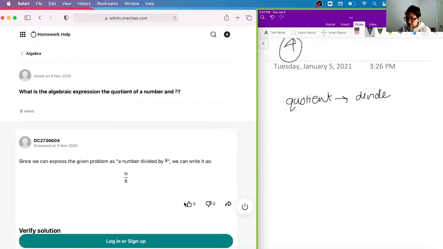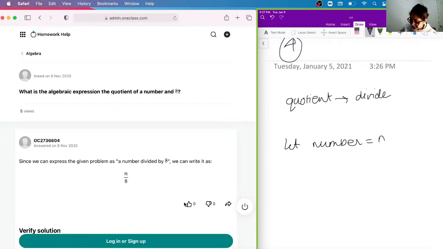So let's say we let the number equal n. Okay, and so since it's saying the quotient of a number, it means the number divided by a number, and that is 8.